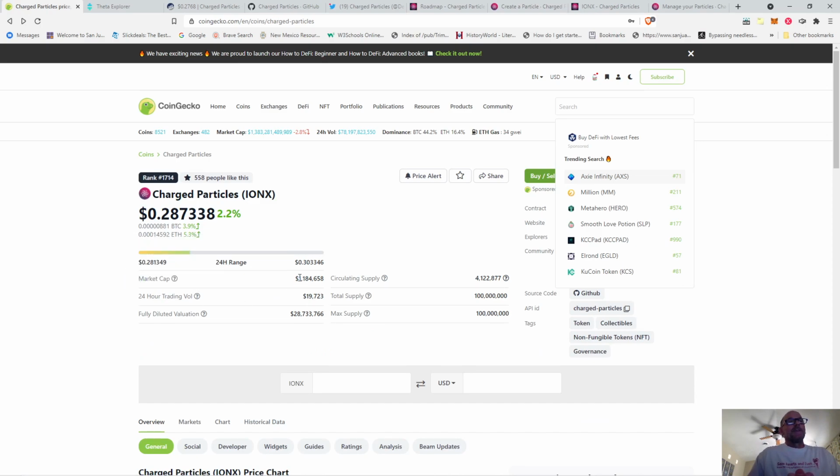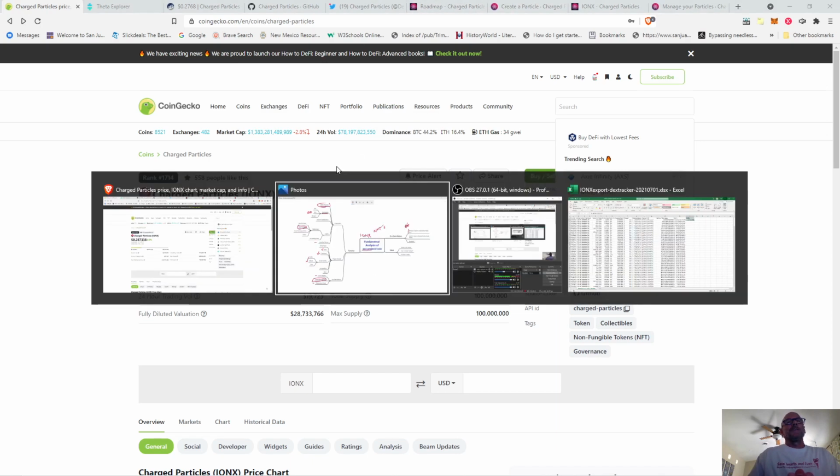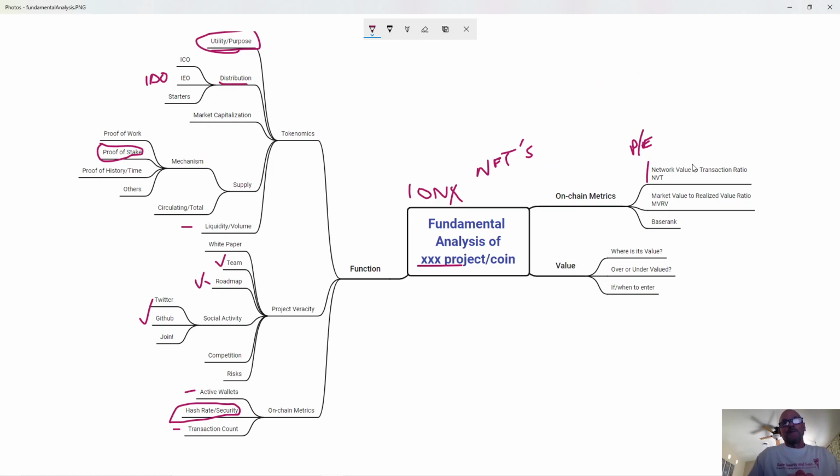So it's market cap to its earnings, like price to earnings. That's basically its NVT value. I can't remember exactly what the NVT meant: network value to transaction ratio, right? Its network value is its market cap, and its transaction ratio is its 24-hour volume.